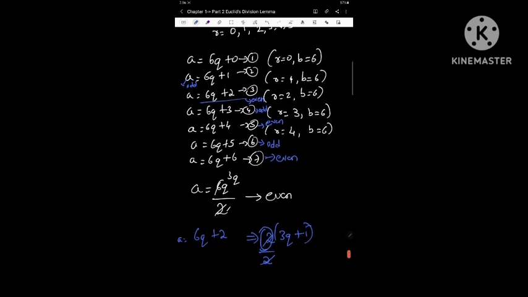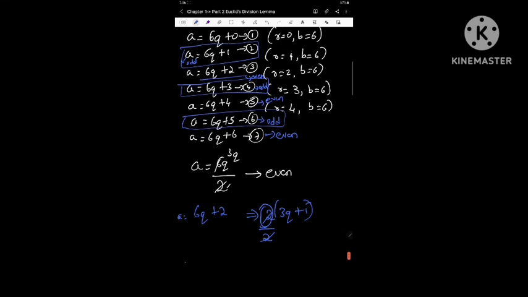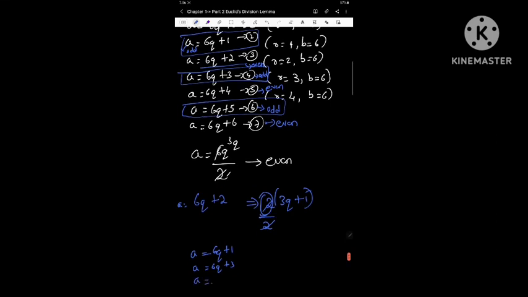Now let's write down the odd positive integers we have got. That is the second equation, fourth equation, and sixth equation, right? So a equals 6q plus 1, a equals 6q plus 3, and a equals 6q plus 5 are called positive odd integers.